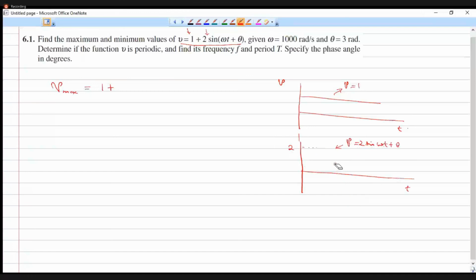Actually I should draw this function like this because it's showing a phase lead. So this is theta. Anyway, the peak value is going to correspond to theta, so that should be equal to t is equal to theta by omega.